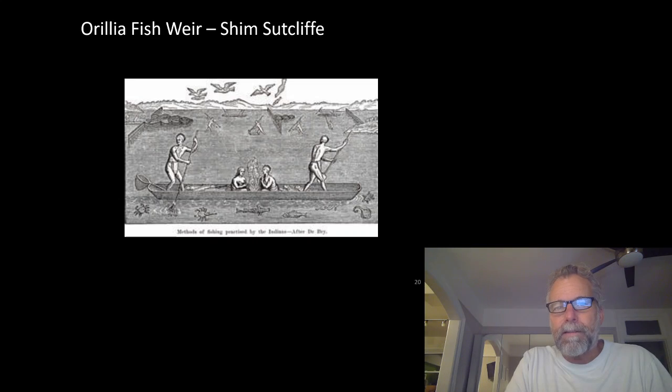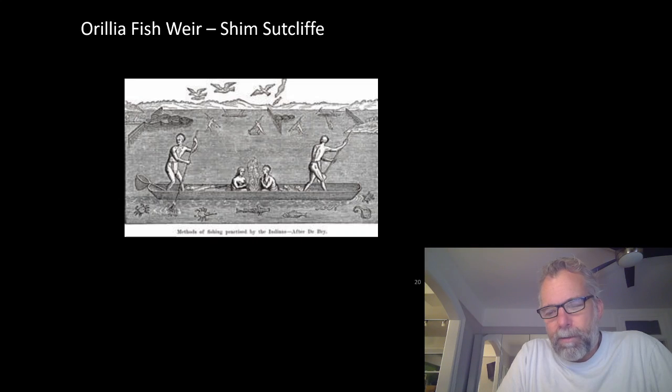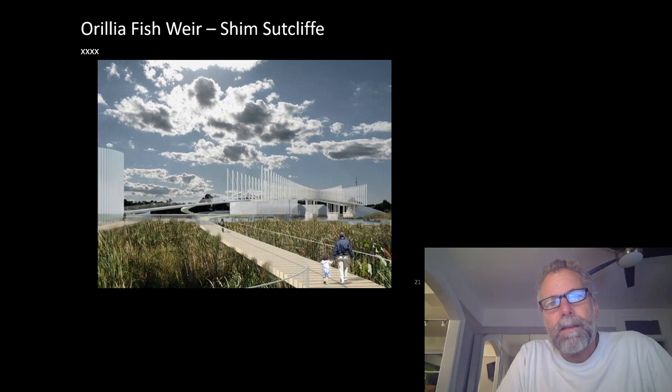Champlain wrote about it in his journals. So it was a very sacred place for the natives, and the town wanted to celebrate that, and hired Shim Sutcliffe to do a design for a pedestrian bridge that would create a sacred place.